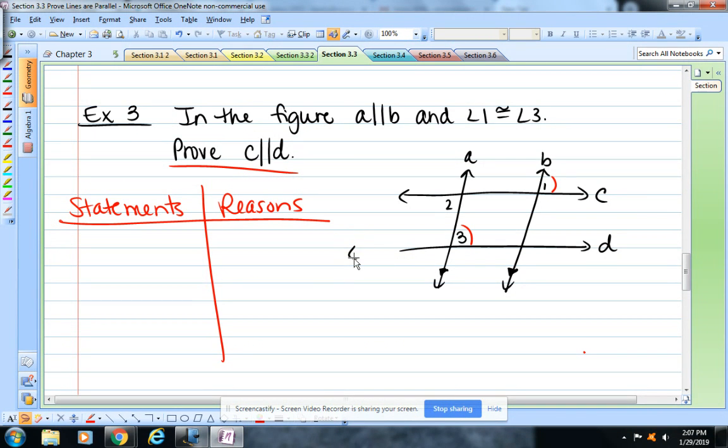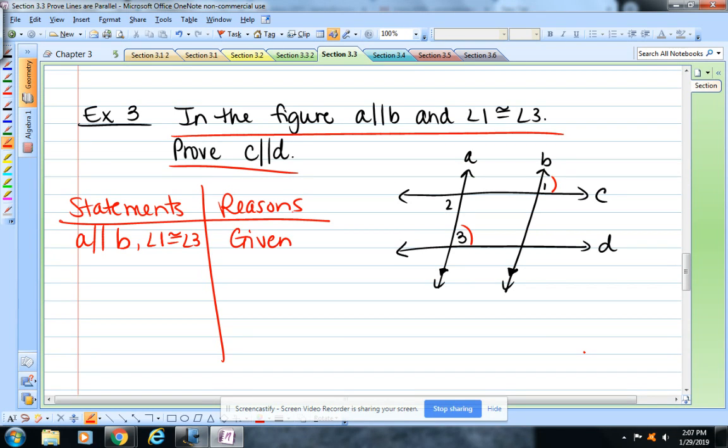Move my arrow, please. All right, somebody tell me a given. A is parallel to B. And what else? Angle 1 is congruent to angle 3. So those are given, okay? Y'all see that?